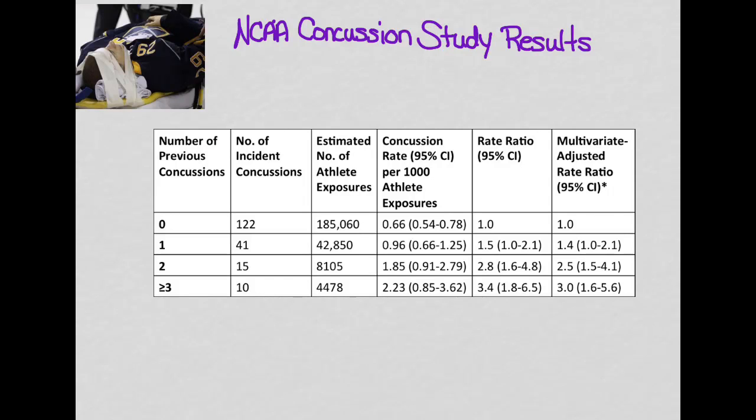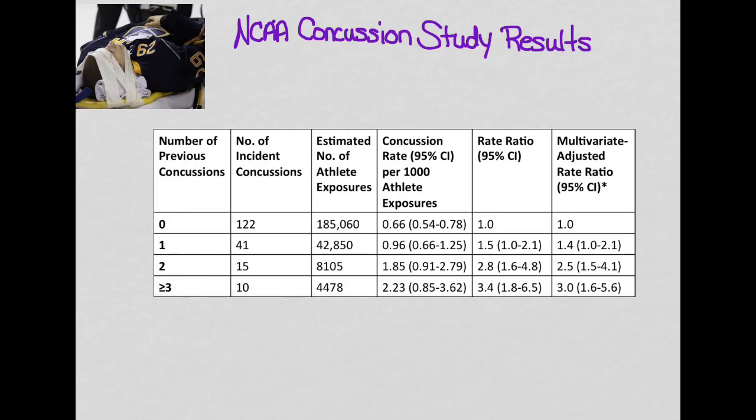So here are the results of the study. Over here we have the number of previous concussions that had been reported prior to the onset of the cohort, and then this is tracked over, I believe it was 2 years, how many incident concussions were experienced as a function of the number of prior concussions.